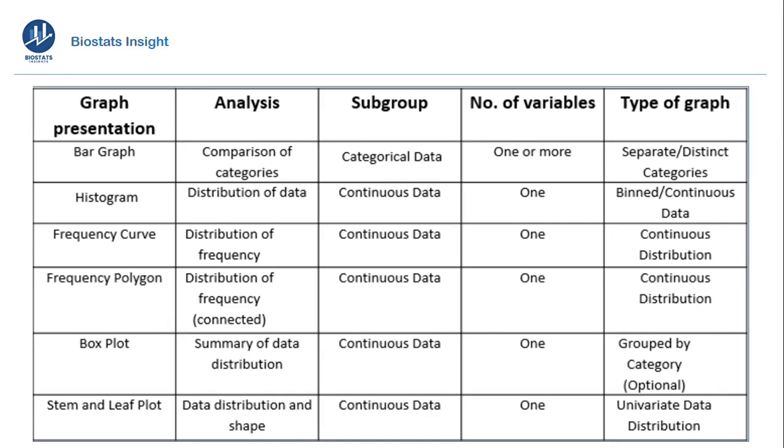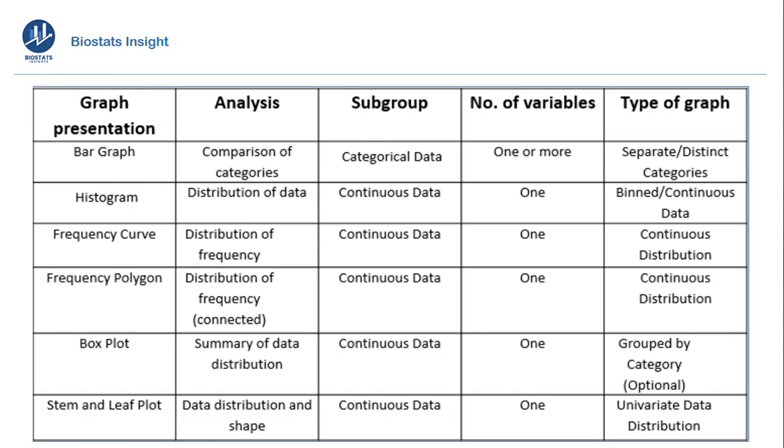Okay, now we have been discussing the graphs. Now we are comparing them with the help of categories. What would be the preference with the help of data type and number of variables? So first is graph representations.